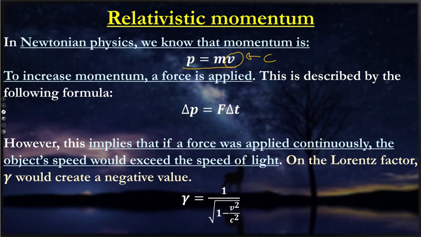Okay. We also know that another way to write momentum, or the change in momentum, is force times the change in time. Okay. Now time also has a relativistic effect, so time dilation. So we can actually combine these two equations using our understanding of the Lorentz factor here.